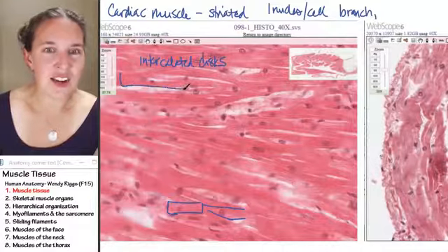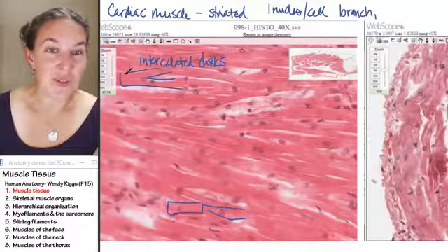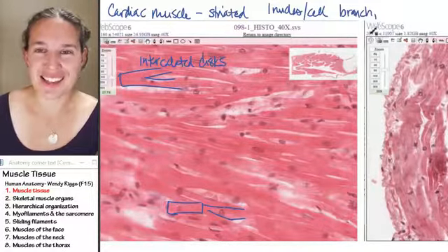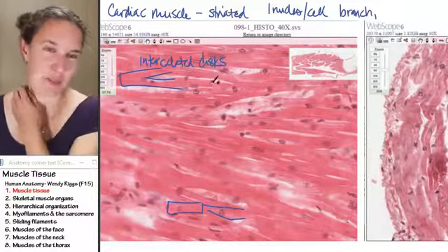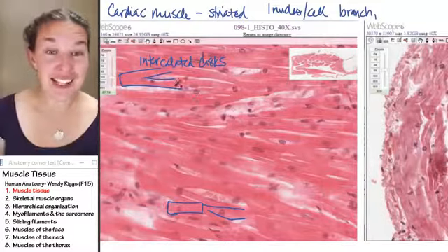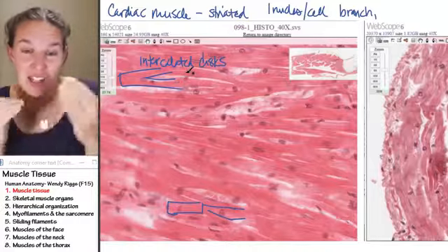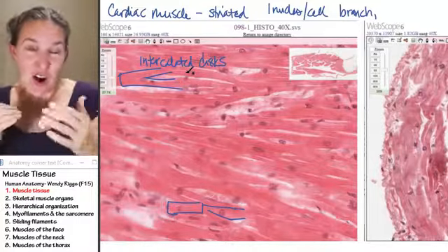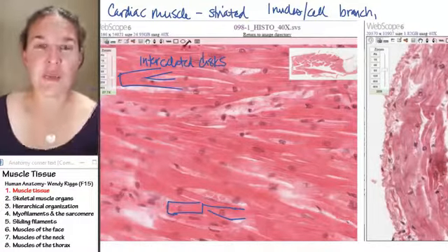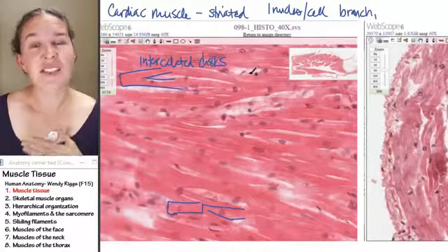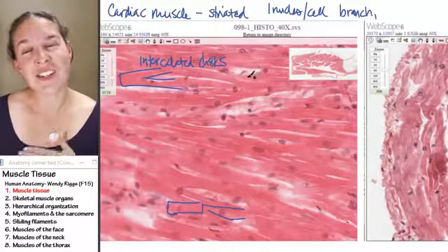And here's another characteristic of cardiac muscle that is really cool. I already wrote that down. It branches and it has intercalated discs, but of course. But that's a great example of branching. Now, branching and intercalated discs are really important structures, especially for physiology, because the heart never stops beating ever until you are dead.